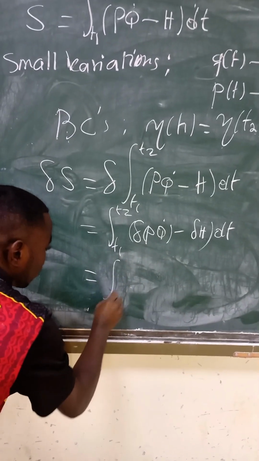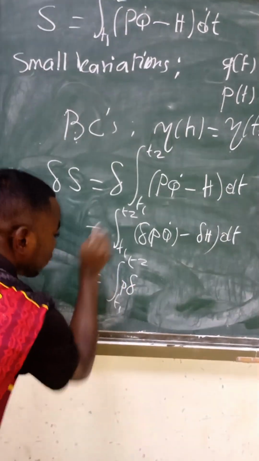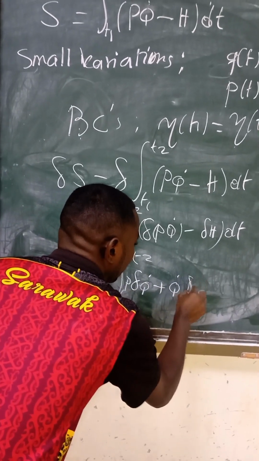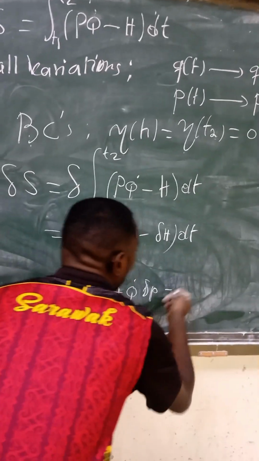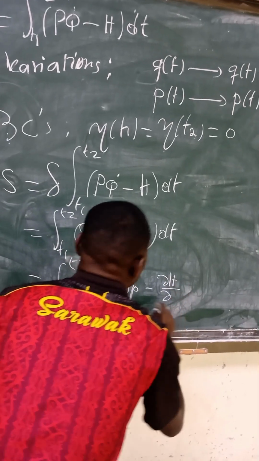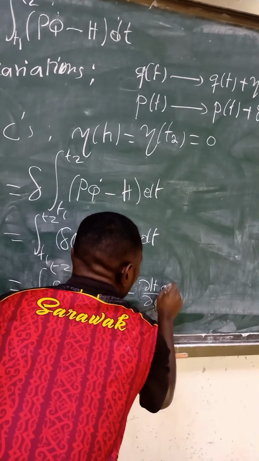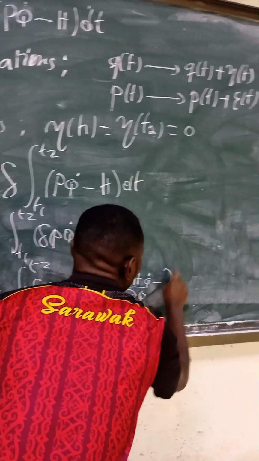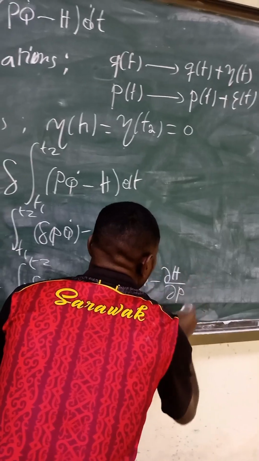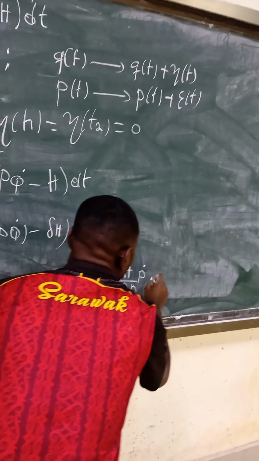This is equal to the integration from t1 to t2 of the variation: p variation in q dot plus q dot variation in p, then minus partial derivative of H with respect to q times variation in q, then minus partial of H with respect to p times variation in p.